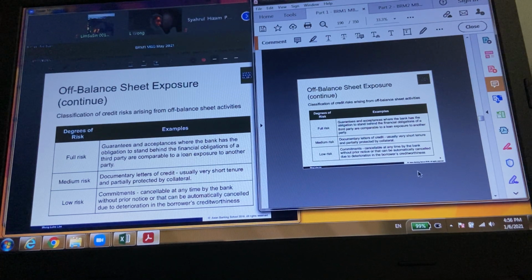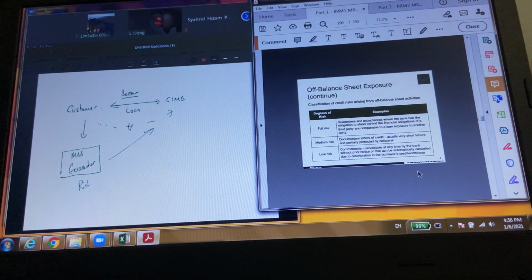For example, guarantee and acceptance are a full risk. What do you mean by full risk? In this case, we are giving a guarantee. If CIMB gives them a 1 million loan and the customer defaults on 1 million, Maybank has to pay the entire 1 million.